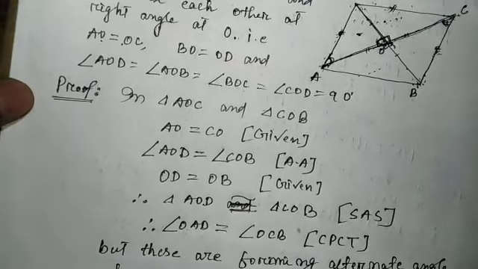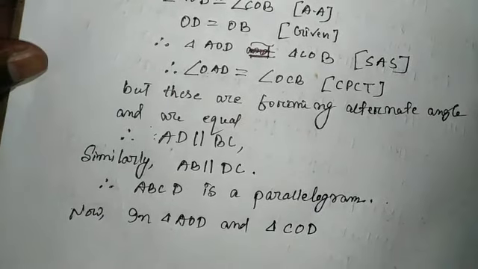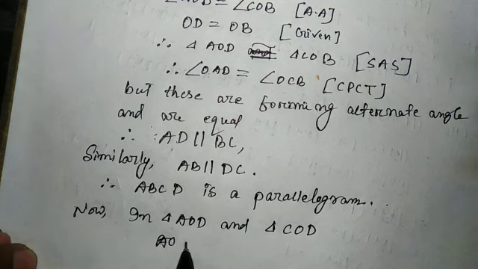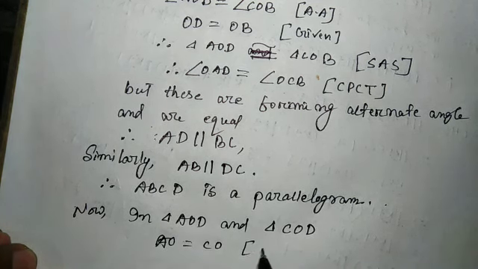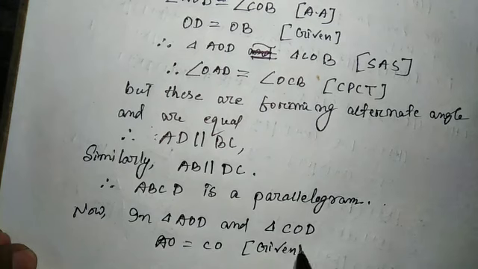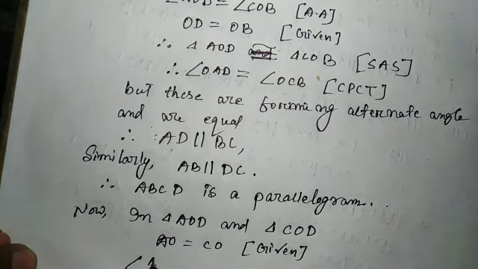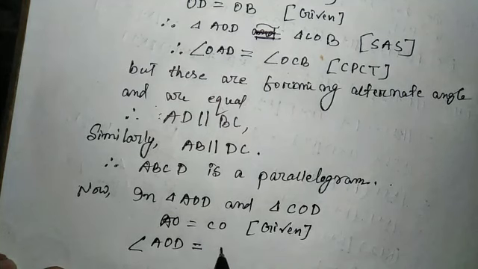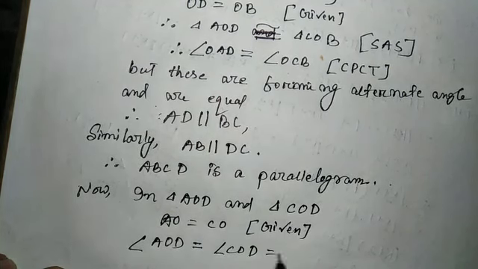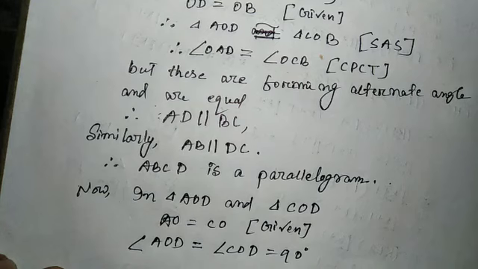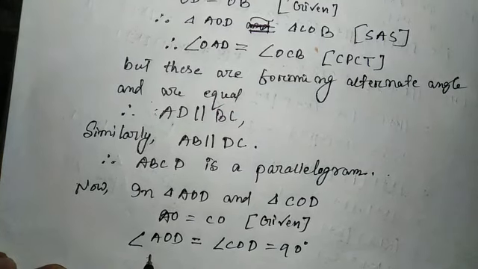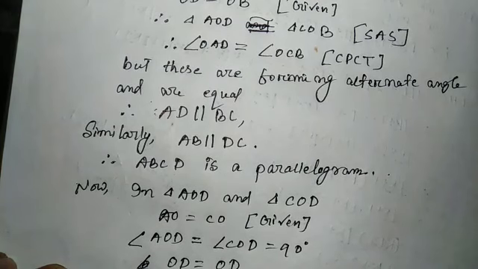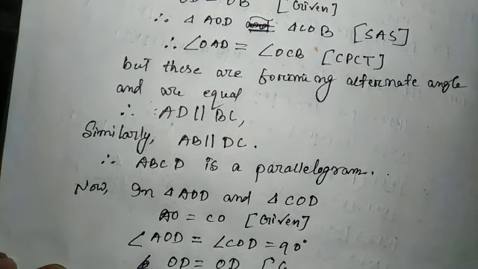So we can prove that in triangle AOD and COD, we can write AO is equal to CO, given. Angle AOD is equal to angle COD, both are 90 degrees, given. Then OD is equal to OD, common side.